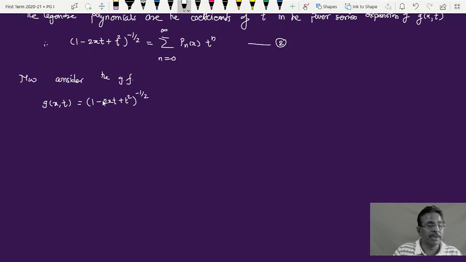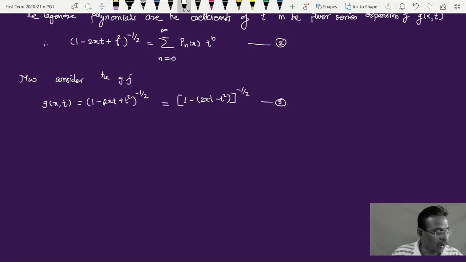This is what we have been given. One can write this as, in the bracket, take 1 here, minus (2xt minus t squared). This is the bracket, and now the square bracket is raised to minus half. Call this equation 3.